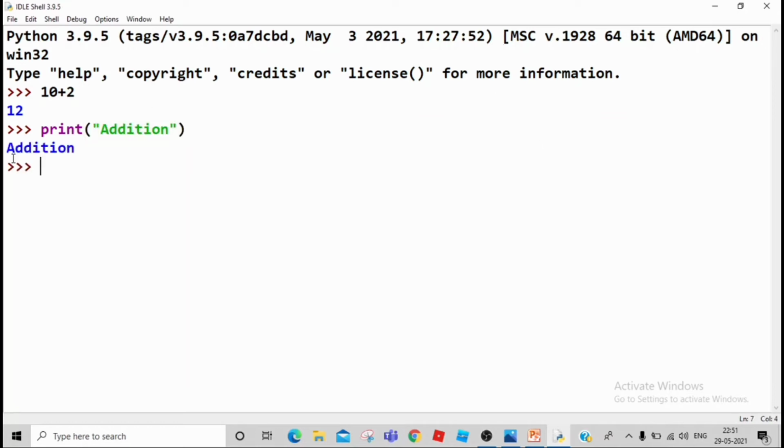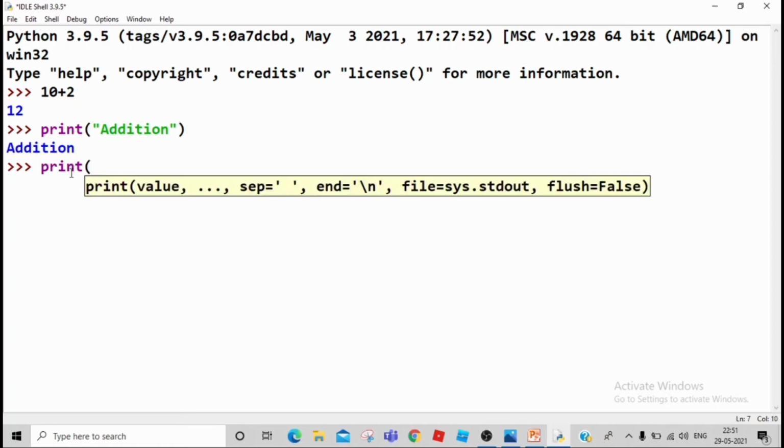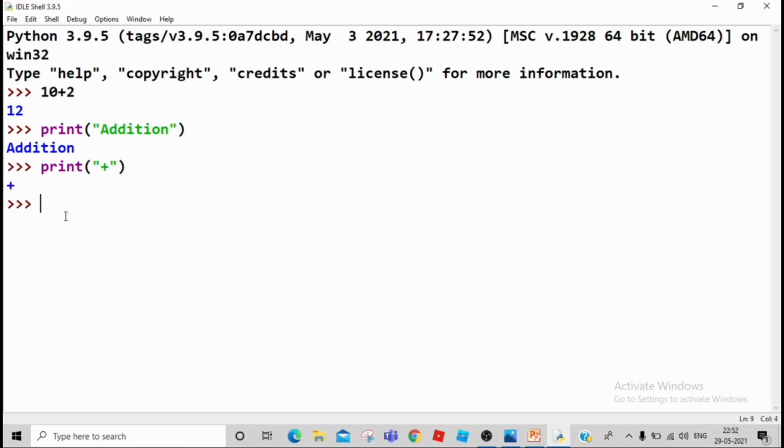So this is the addition, and now I'm going to write its sign. What is the sign of addition? So most of you know what is the sign of addition, but still I'm going to write. So this is the sign of addition, and now I'm going to give you an example of the addition operator.